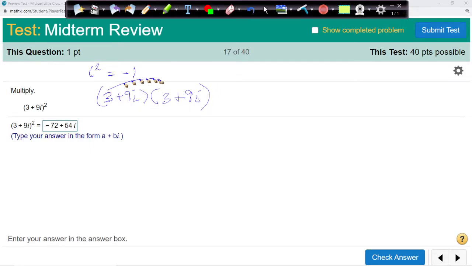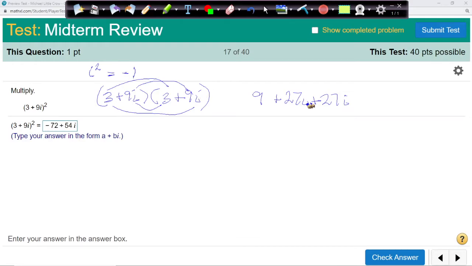And so 3 times 3 is 9. 3 times 9i is 27i. And then we get 9i times 3. That is another plus 27i. And that's 27 plus 27, that's the 54i.